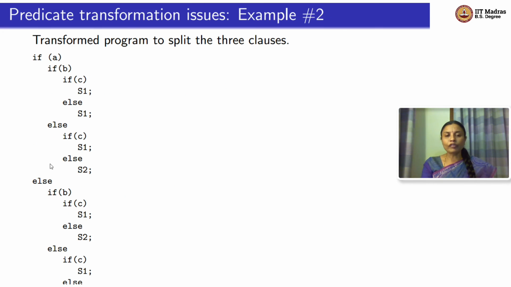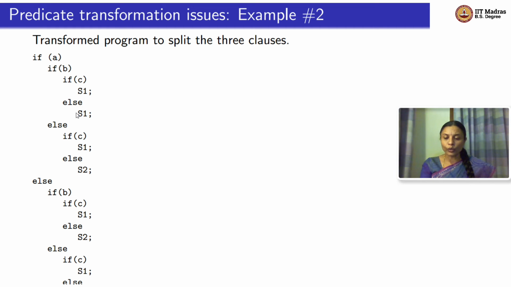So I have put the rewritten program here in this slide, and this transformed program, if you notice, has the 3 clauses split, and every predicate here has one of the 3 clauses. It doesn't have a single predicate with more than 1 clause. So the first part tests: if A, then if B, then if C, do else S1.